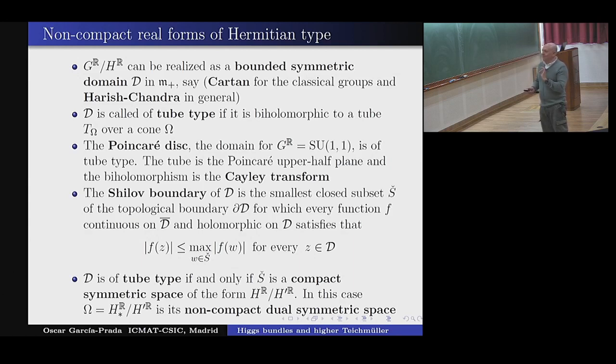In fact, when S is a compact symmetric space of the form compact group HR modulo some subgroup, then it is of tube type, and the cone is explicitly given by the non-compact dual symmetric space.